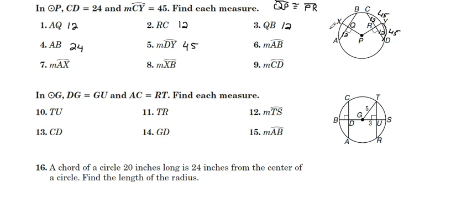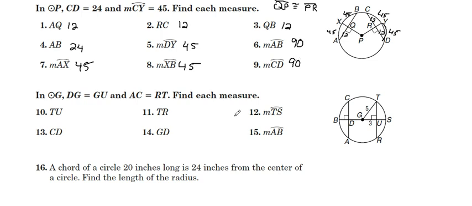Arc AB over here, well, it's the same as the other chord, 45, 45, so we know that's going to be 90 when we add them together. The measure of arc AX is 45, we've already established that. XB, 45 as well. And then finally CD, 45 and 45 added together makes 90.